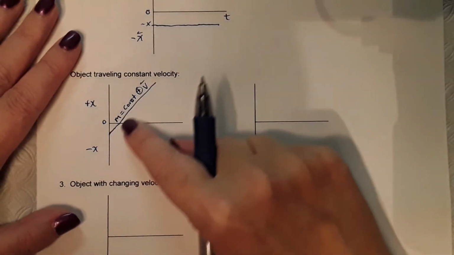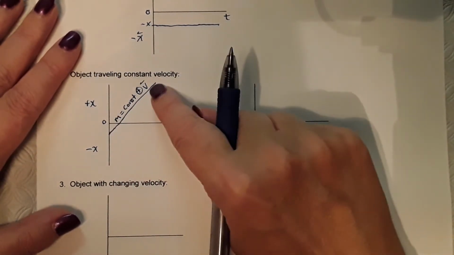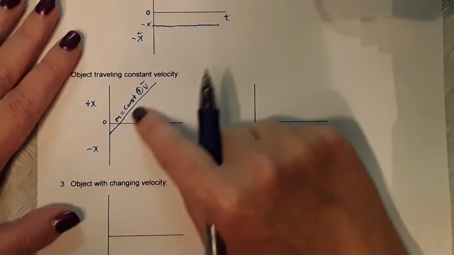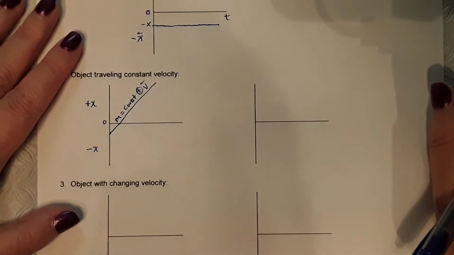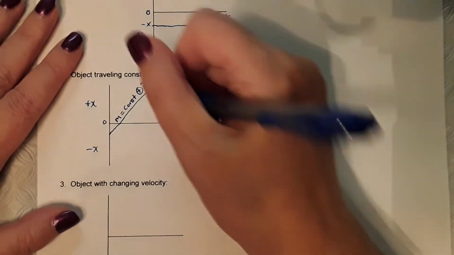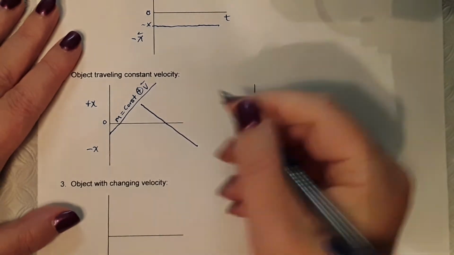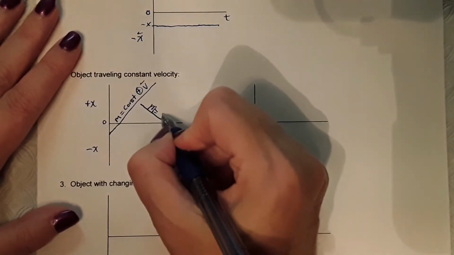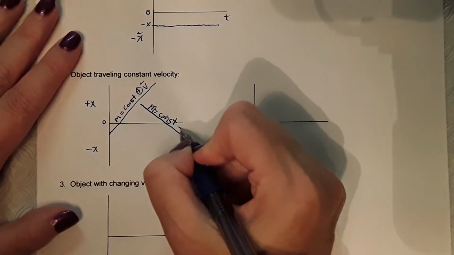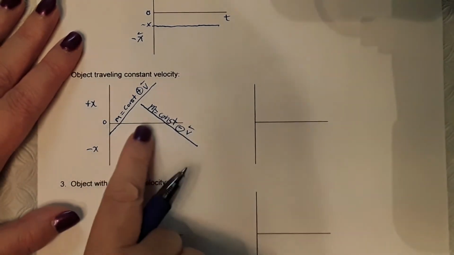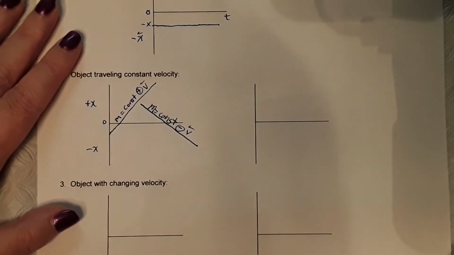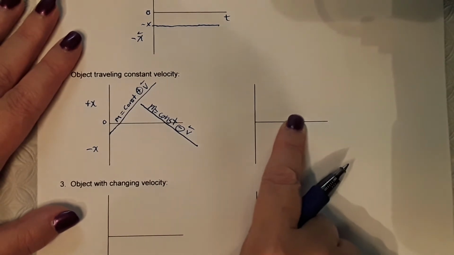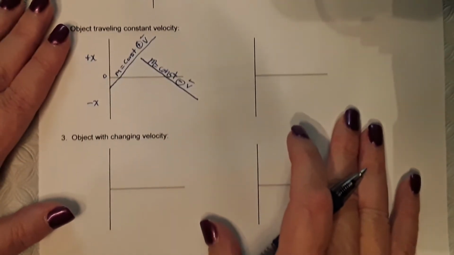So here, it's a constant slope, so it's a constant velocity in the positive direction because the sign of the slope is positive. Can you have an object moving in the negative direction at constant velocity? Certainly. You just have a negative slope. So this would represent a constant velocity in the negative direction. Okay? Actually, I probably should have put that one over there, but oh well, c'est la vie.